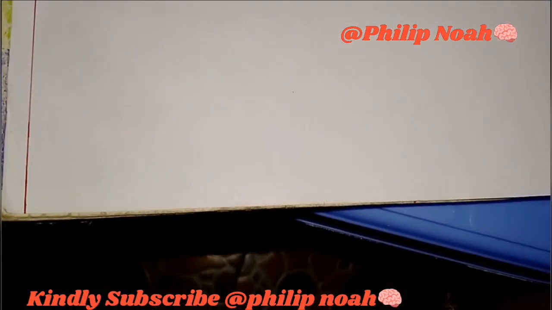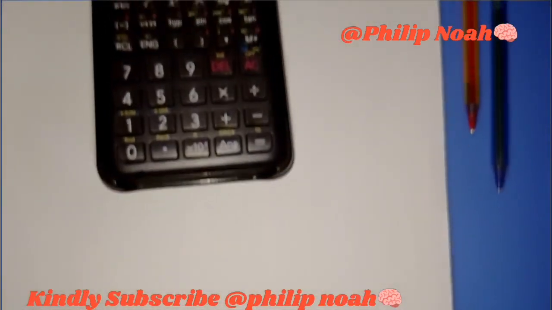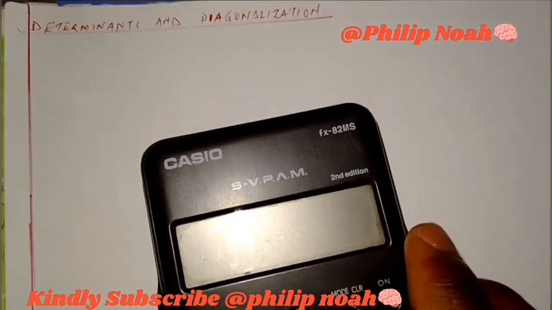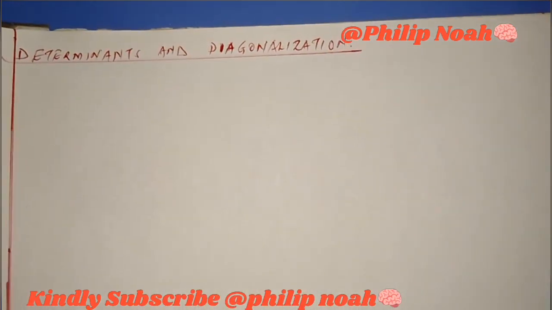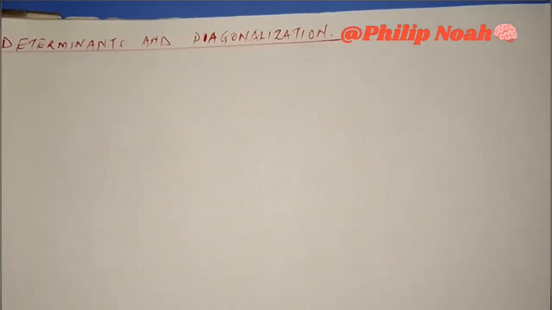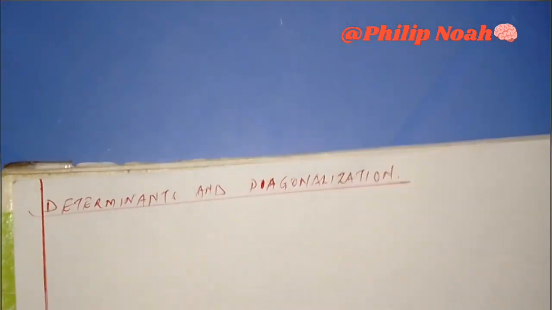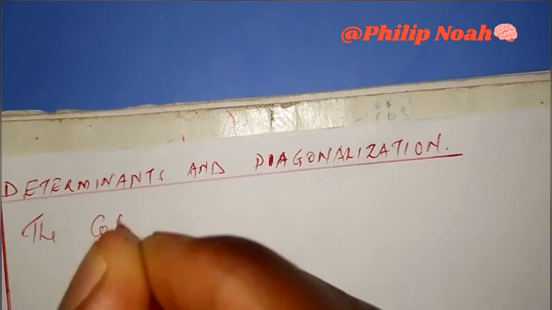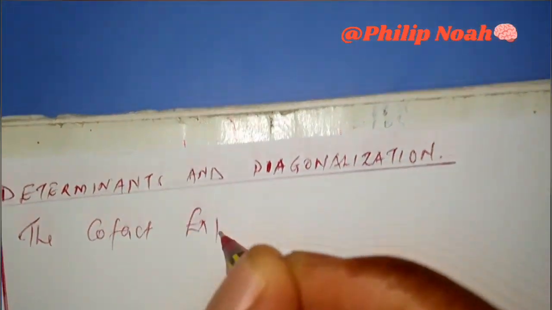Under determinants and diagonalization, we shall be dealing with the cofactor expansion theorem. Let's look at the cofactor expansion.